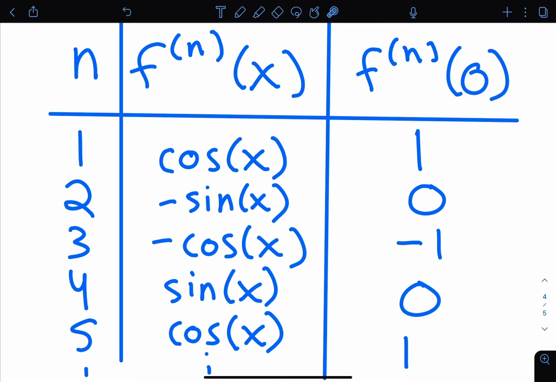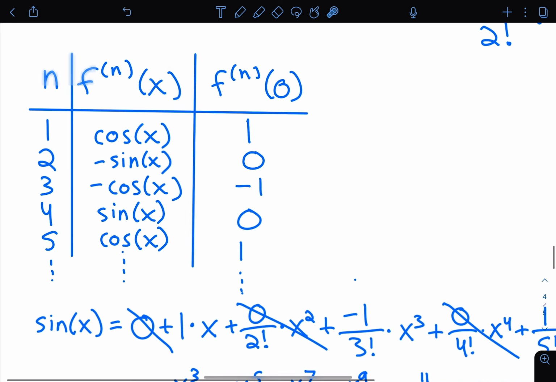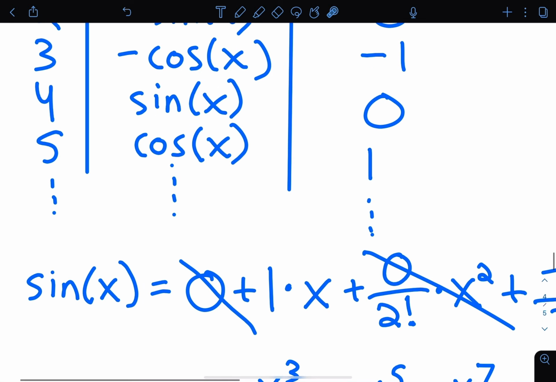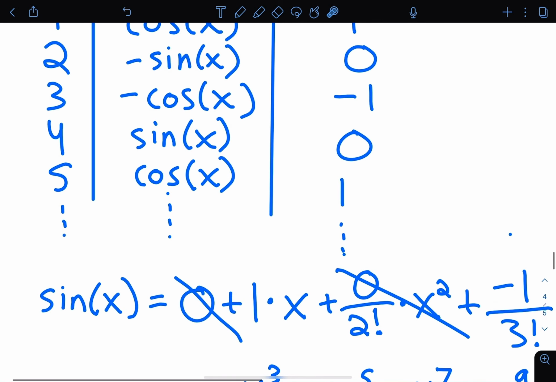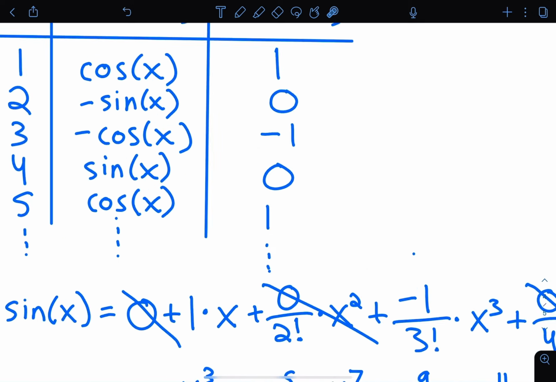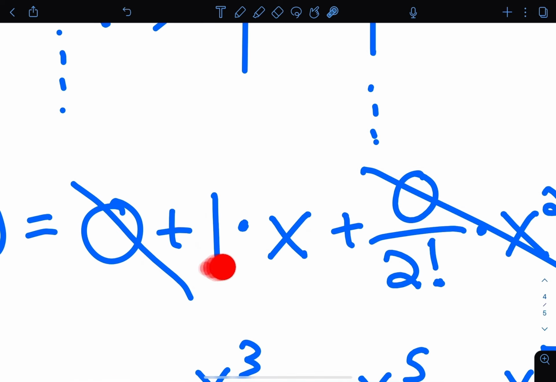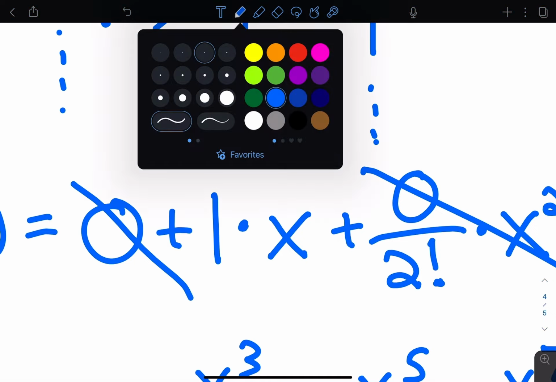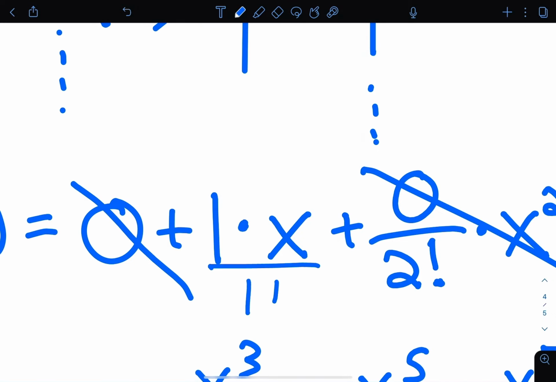And so what's going to happen here is sine of x is going to be 0, because that's my f of 0, plus 1 times x, because 1 is my first derivative, so that's times x to the first. And if it helps you, you can always write this over 1 factorial, if that helps you out for that first term, in memorizing the general Taylor series formula.